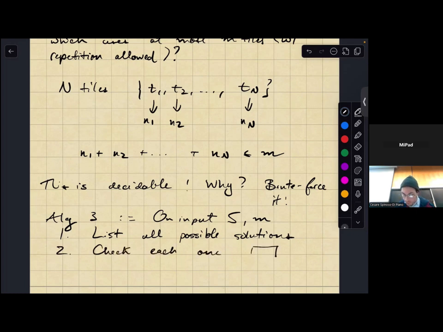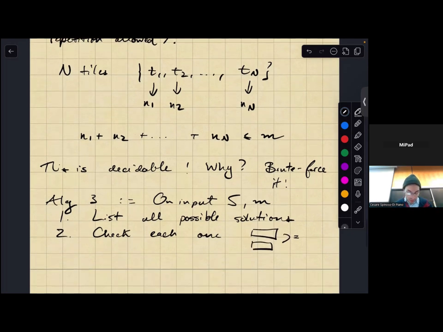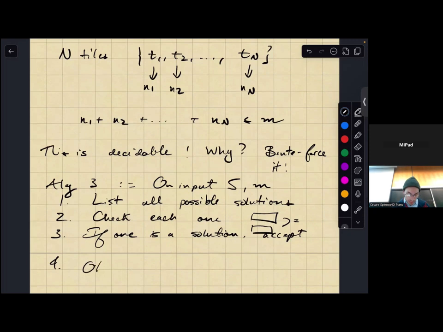So check if the top is equal, right? We can do string matching. You just do equals equals in Python. And if one is a solution, we accept. Otherwise, and this otherwise is sort of finite, we reject, or say no.